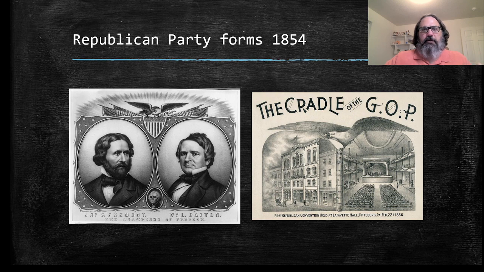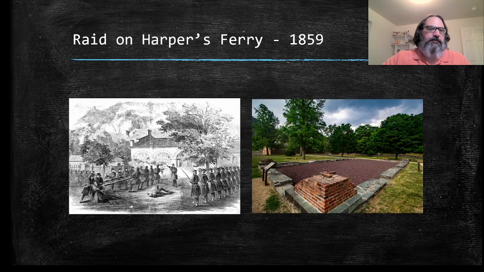Now, moving a little bit forward after the Republican Party has started, you have John Brown's raid on Harper's Ferry in 1859. This was really key in that it scared Southerners, because here's their worst nightmare almost come true.